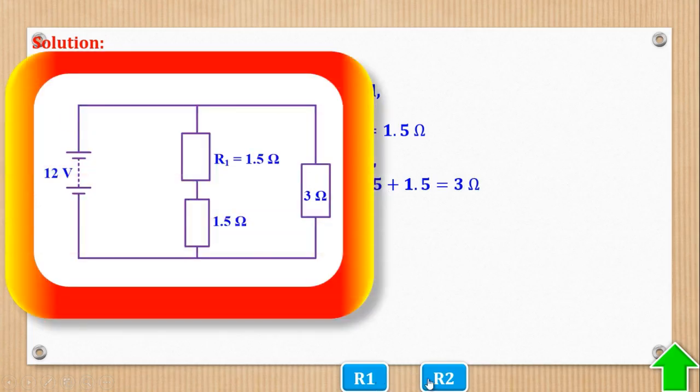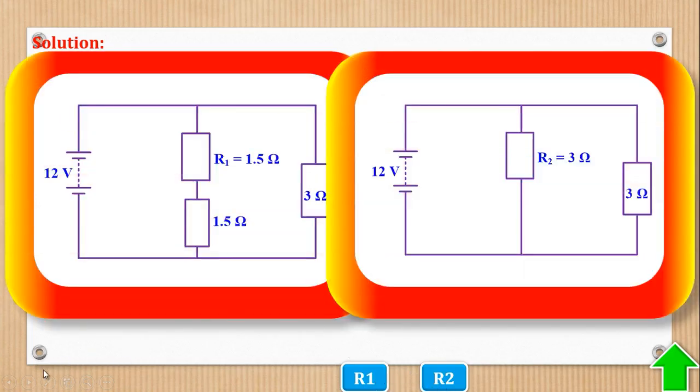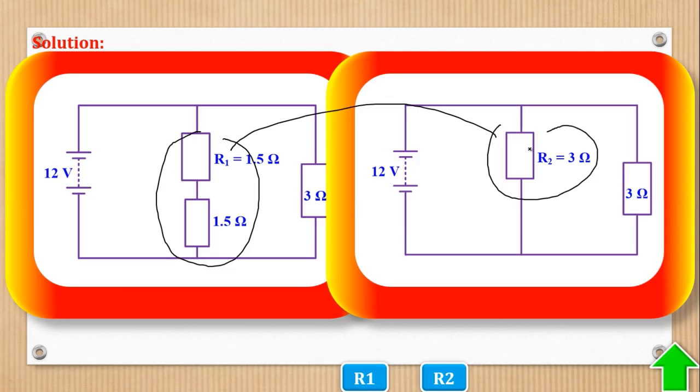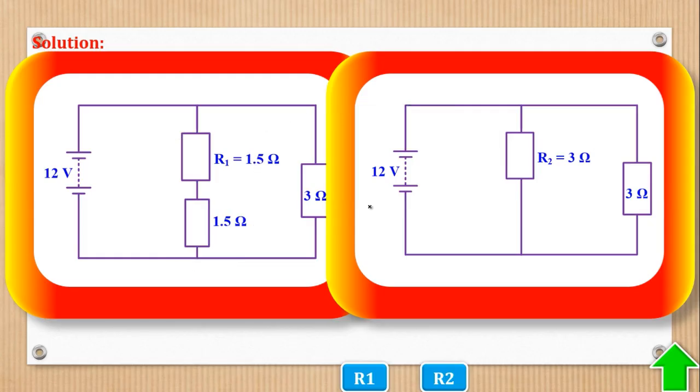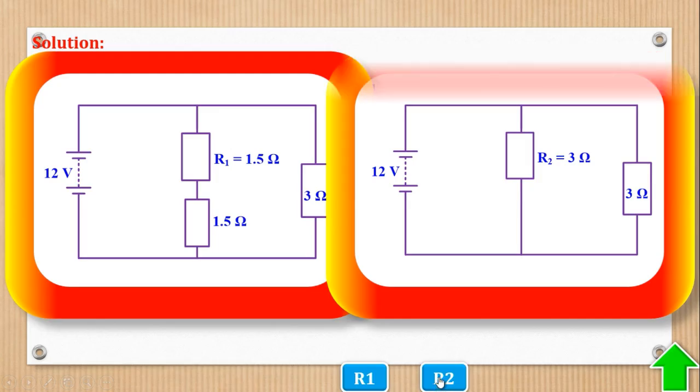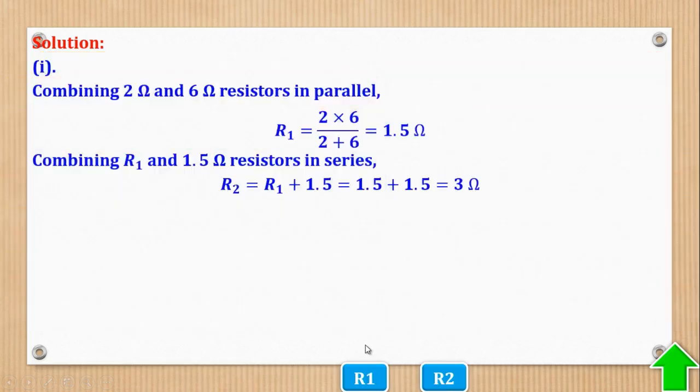So after getting R2, it implies that these two have been combined into one resistor, which is this. So now I can easily combine these two in parallel. Those two are in parallel, meaning that I will use the special case of product over sum, and what I will get will be the total resistance in the circuit.